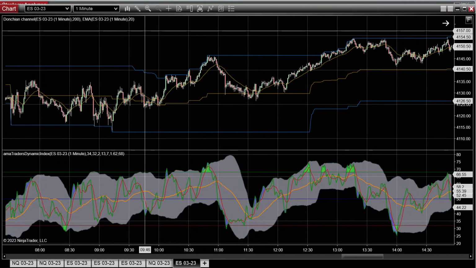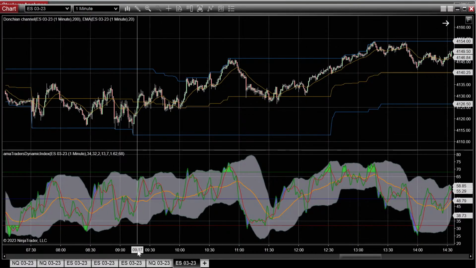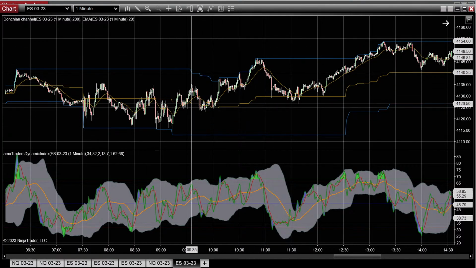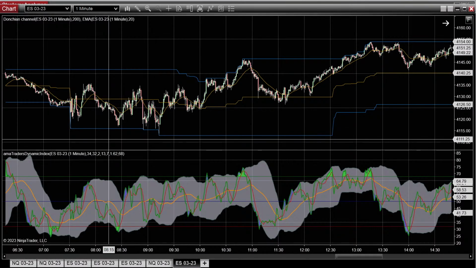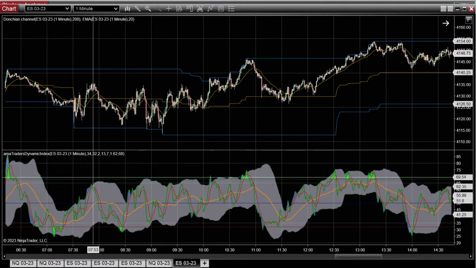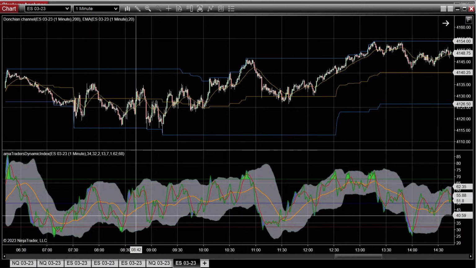So some indicators I have on the chart here are a Donchian channel, an EMA, and the TDI, which is the Trader's Dynamic Index. It basically uses the RSI with Bollinger Bands, so it's like putting Bollinger Bands around the RSI.